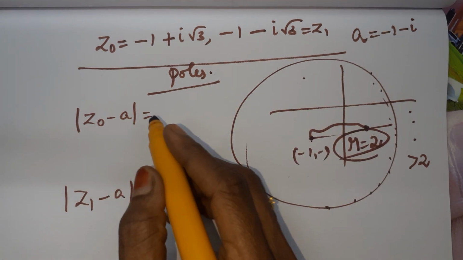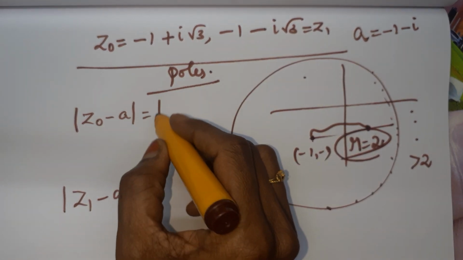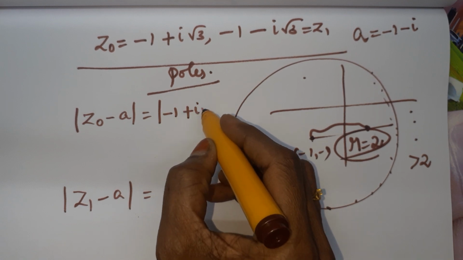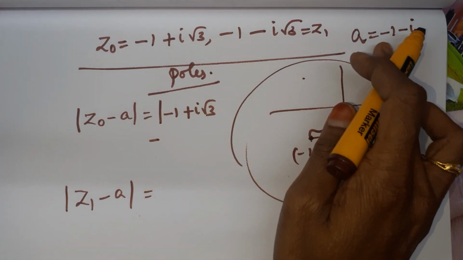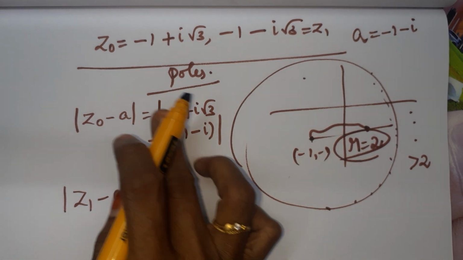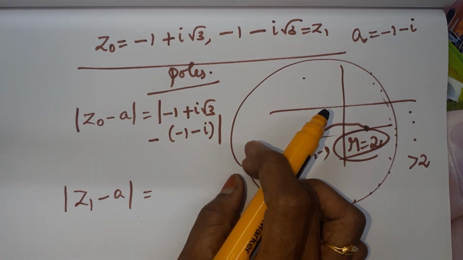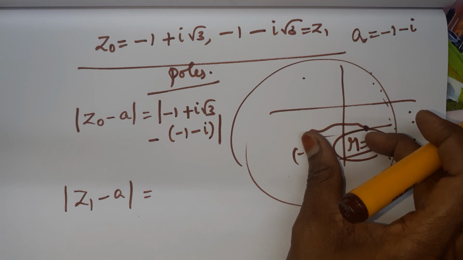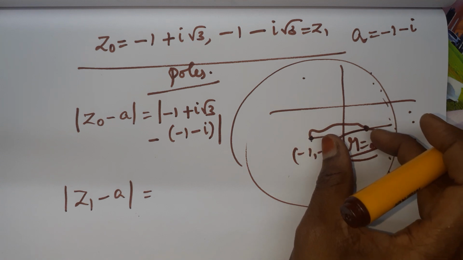So modulus of z0 minus a. What is z0? Minus 1 plus i root 3, and a is minus 1 minus i. Why are we taking the modulus? We are calculating the distance, so only the magnitude we have to take.